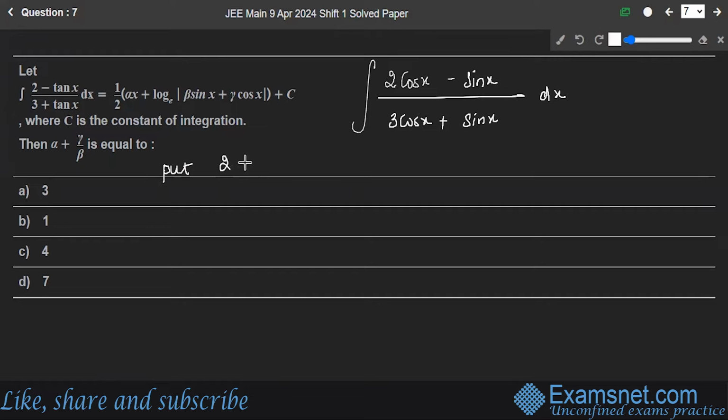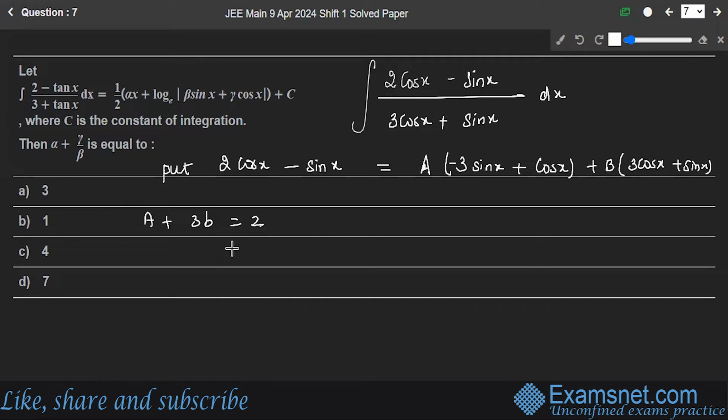Let's put 2 cos x minus sin x is equal to A times the derivative of the denominator, minus 3 sin x plus cos x, and B times 3 cos x plus sin x. So this will give you A plus 3B is equal to 0 and minus 3A plus B is equal to minus 1.